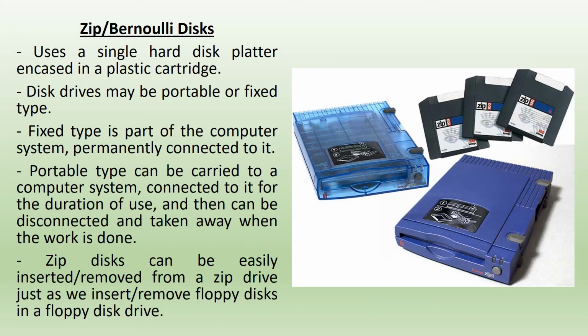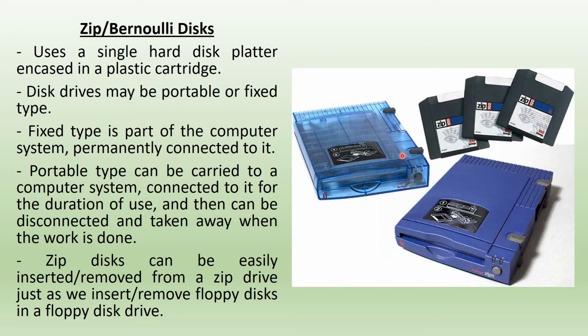Alright, so the zip disk. As you can see over here, we have some examples, and these are the drives. It uses a single hard disk platter encased in a plastic cartridge. This is what is known as the zip disk, and the drive is where it is inserted for reading.